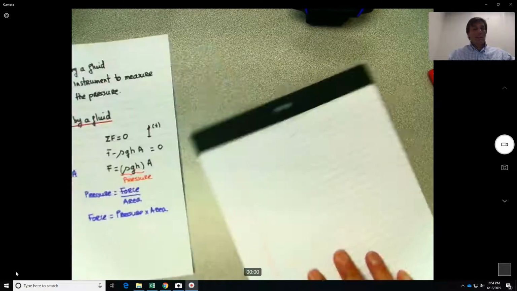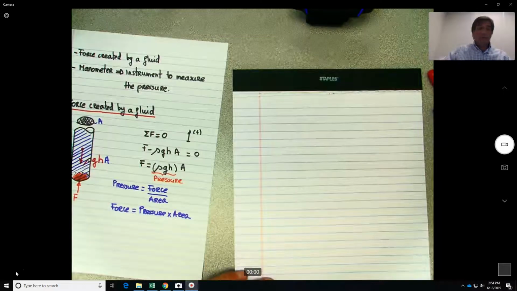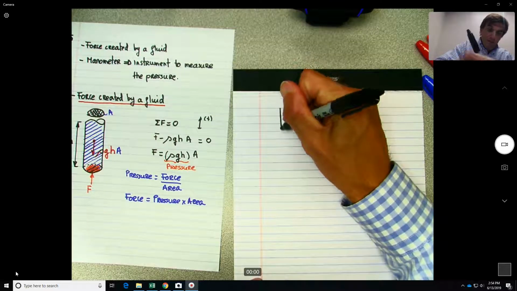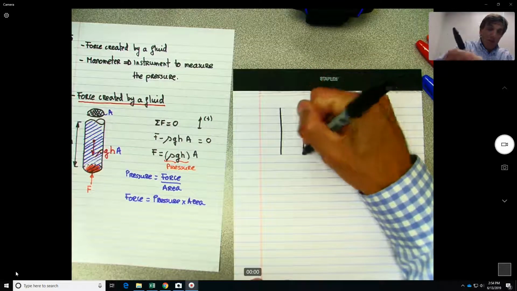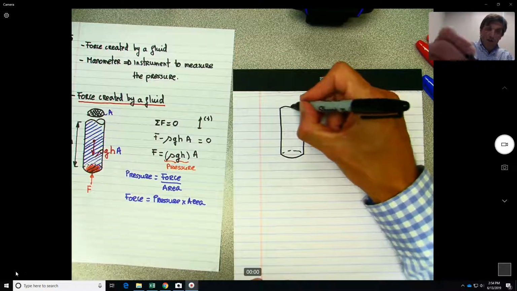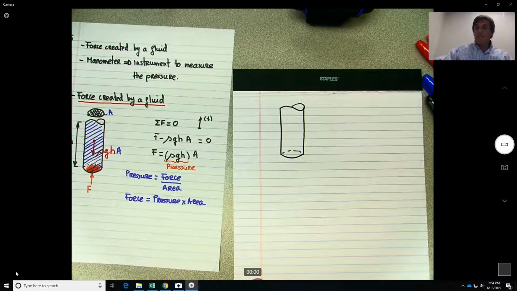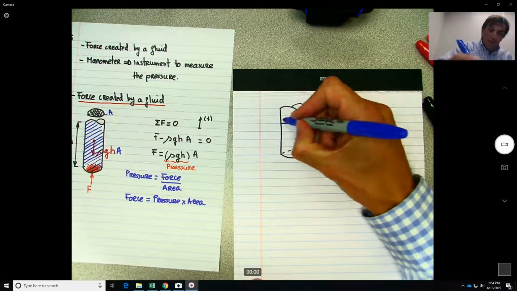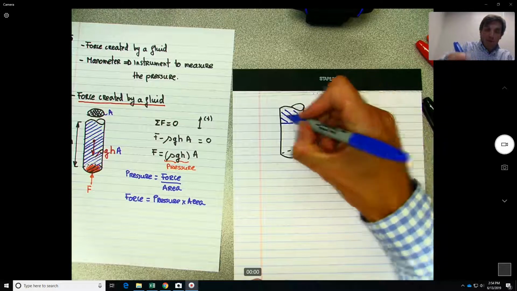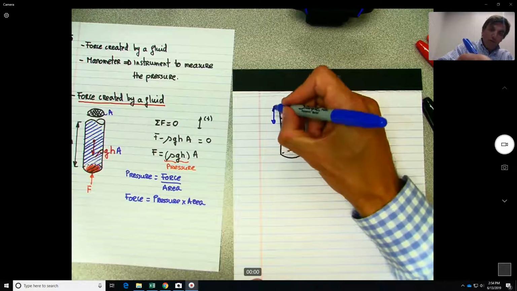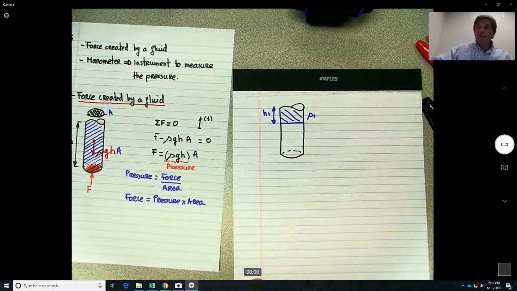Okay, so just to add one quick thing to the force created, so using this, it will be logical then that let's say we have a similar tube over here, but this time we selected to fill this tube with different fluids. So let's say here you have a fluid ρ1 that goes to a change in height h1.